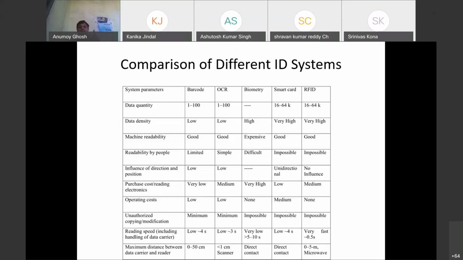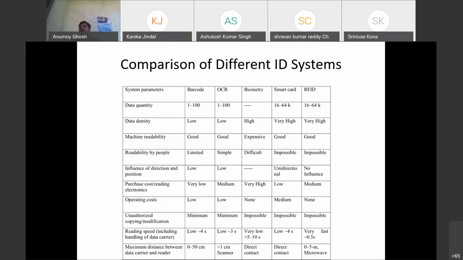With a barcode system, the laser can read only one barcode at a time, not 5 barcodes at a time. The OMR sheet is the same. The biometric system can study the retina of 2 people at a time. But for RFID systems, the data density is very high, because there are RFID readers where one RFID reader can communicate with 5 RFID tags.